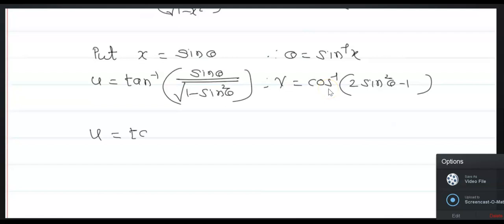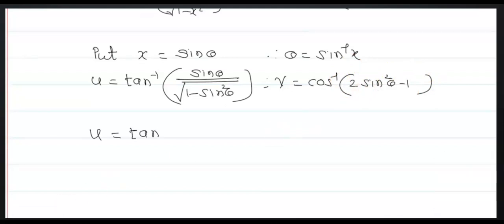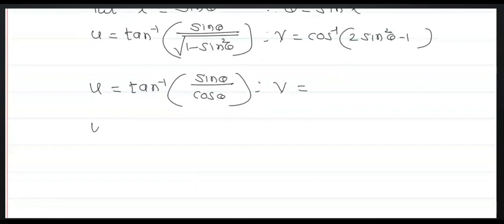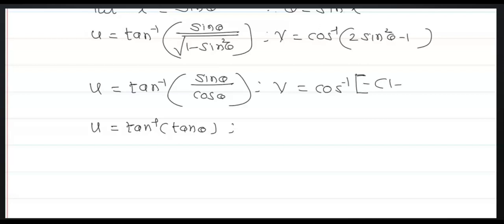What about here? That is cos inverse of 2 sin square theta minus 1. This is nothing but minus cos of 2 times theta. Therefore, u is equal to tan inverse of sin theta upon cos theta, that is tan inverse of tan of theta, and v is equal to cos inverse of, that is 1 minus 2 sin square theta.